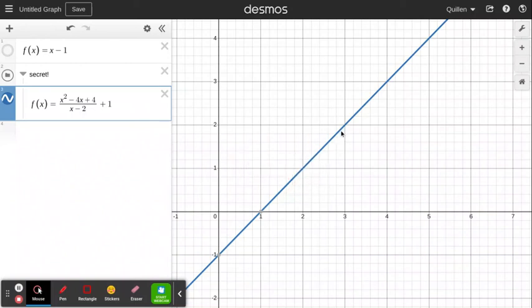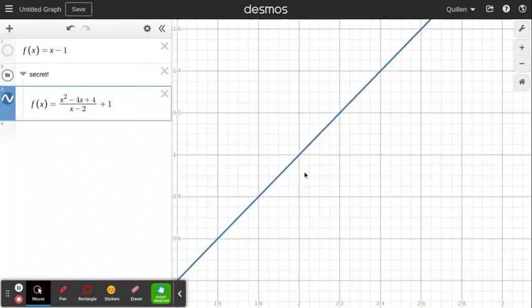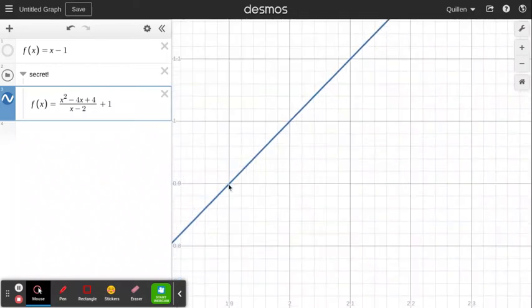Let's try it from above, see if it's the same thing. So we're coming in from above, tracing. It looks like as we get really close to 2, that value is getting really close to 1. Let's zoom in and see if that stays the same. Coming from 1.9, tracing, we are super close to 2, and that value is super close to 1.